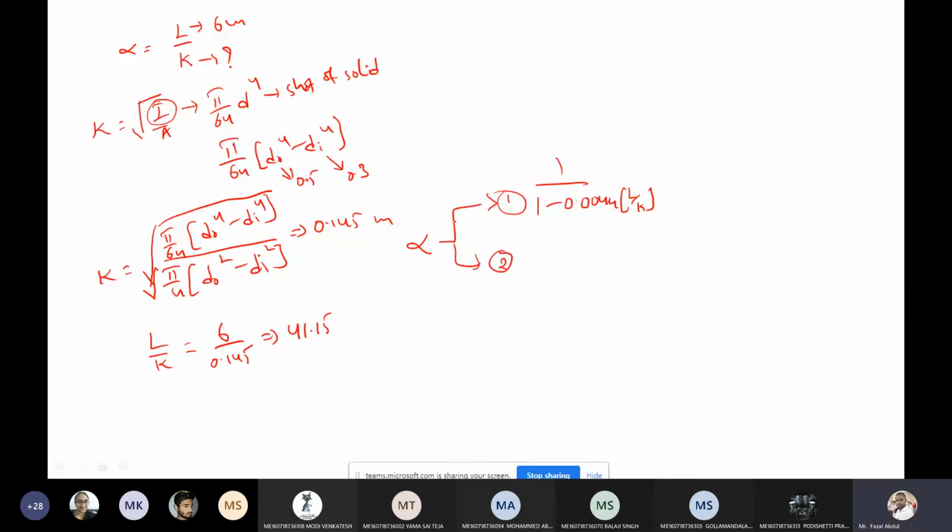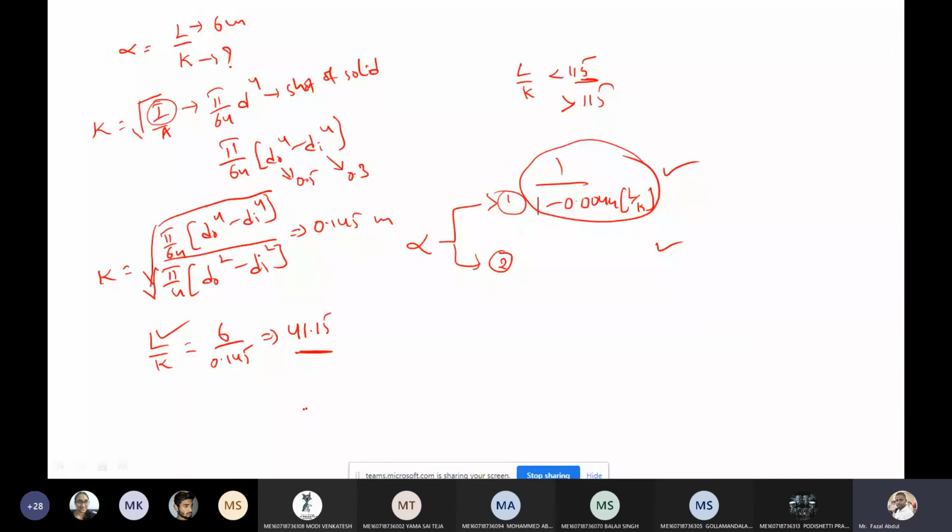First see the L by K ratio. If L by K ratio is not exceeding, meaning less than 115, then we select the first equation. If it is exceeding 115, then we select the second equation. So this 41.15 is not exceeding 115, so the first equation is enough to solve the problem.